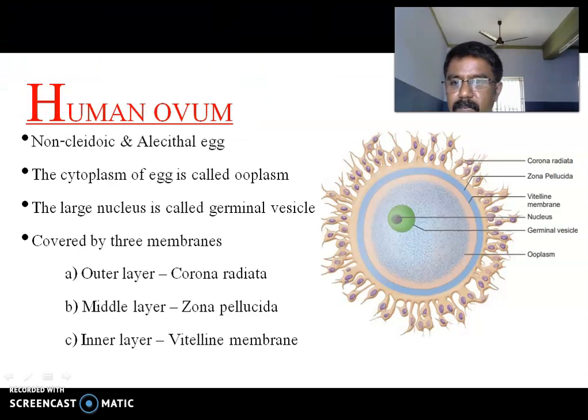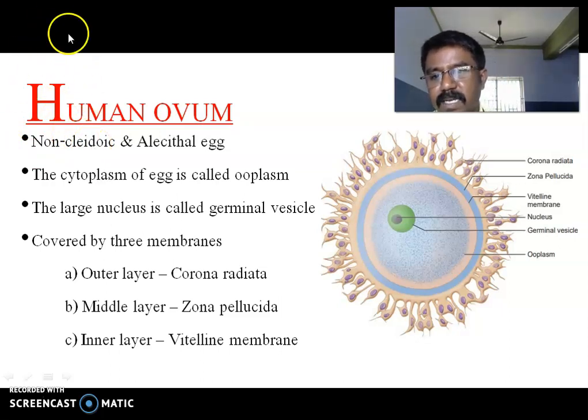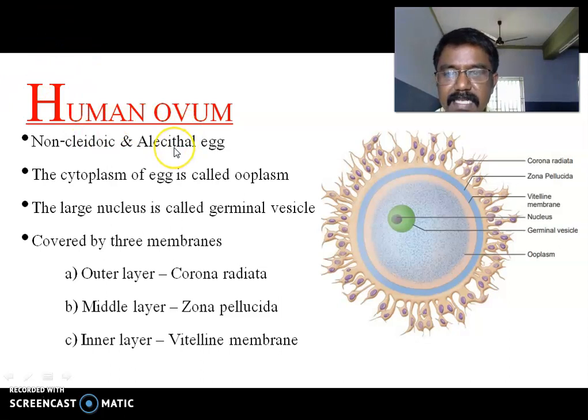Human ovum: non-cleidoic and alecithal egg. Cleidoic means the egg has an outer shell. Because the human egg does not have a shell, it is a membranous egg, hence it is not called cleidoic. Lecithal means nutrients.